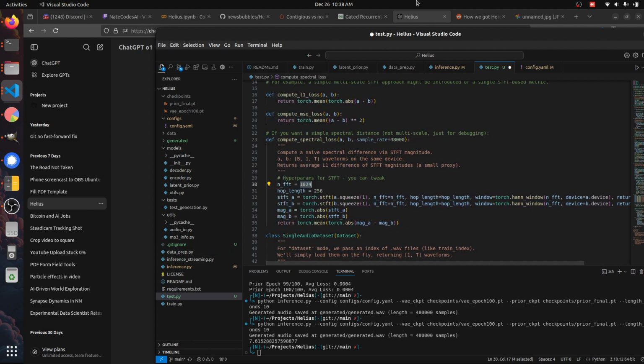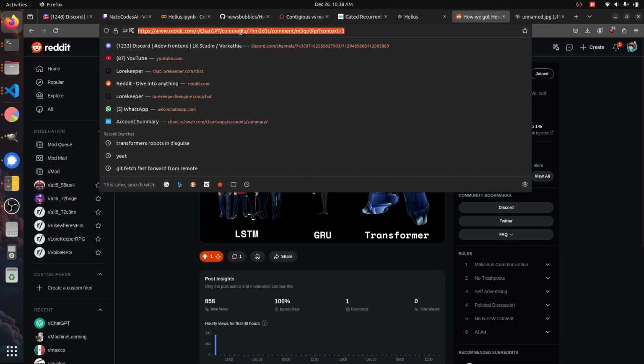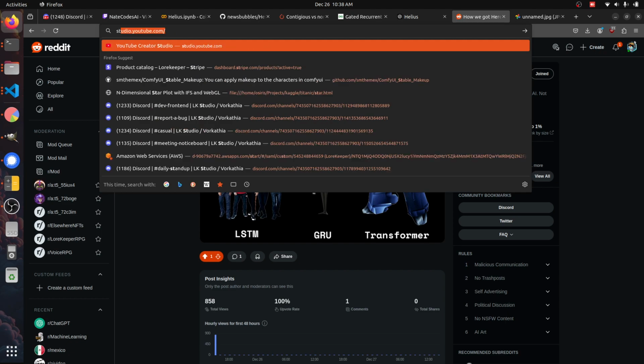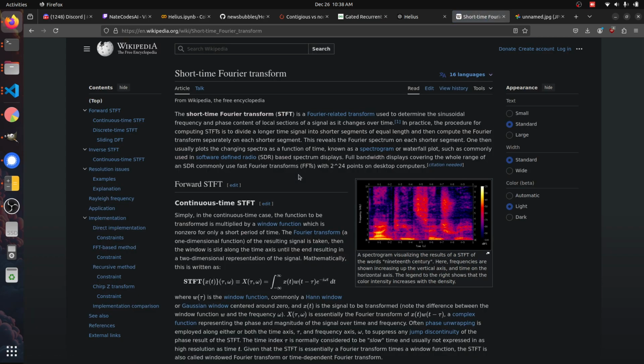Okay, let's just look up STFT. Yay, Reddit. That's me on Reddit. Let's just look up STFT. Short time Fourier transform. Oh, look at that. So this is actually a spectrogram visualizing the results of an STFT of the words 19th century. Here, frequencies are shown increasing up the vertical axis and the time on the horizontal axis.